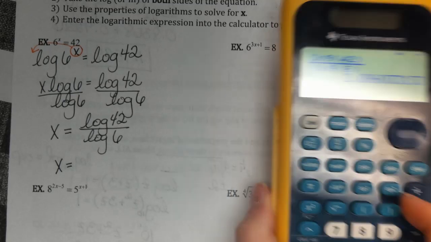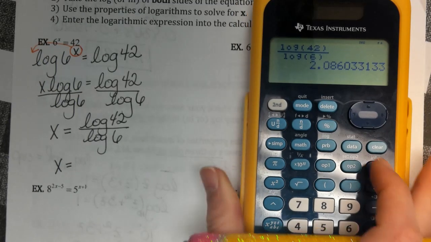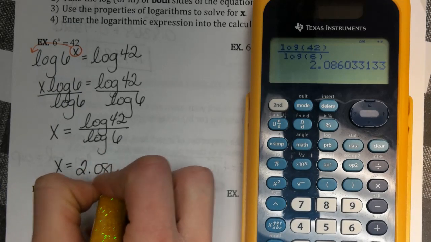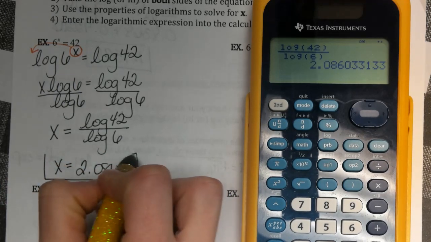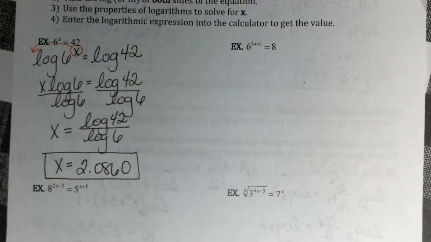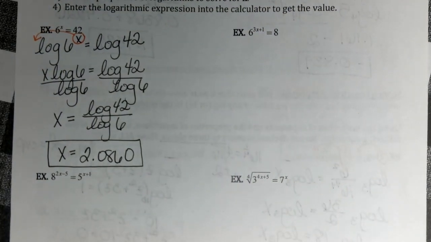And then you're going to round, let's say, 4 places. Do we have questions on how we did that?